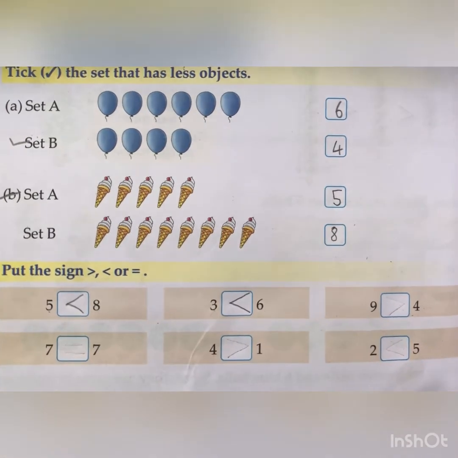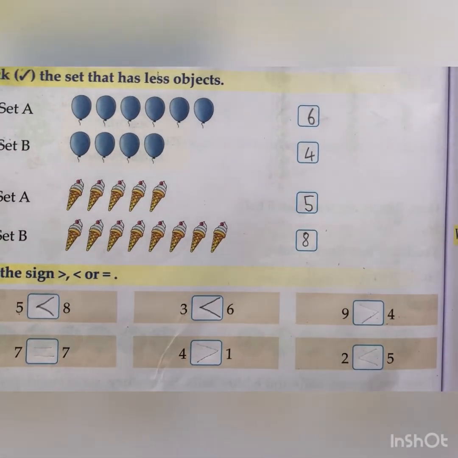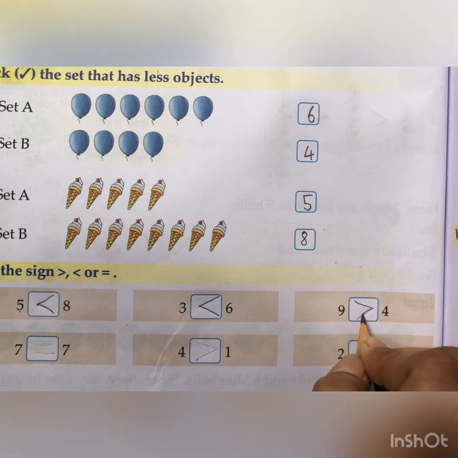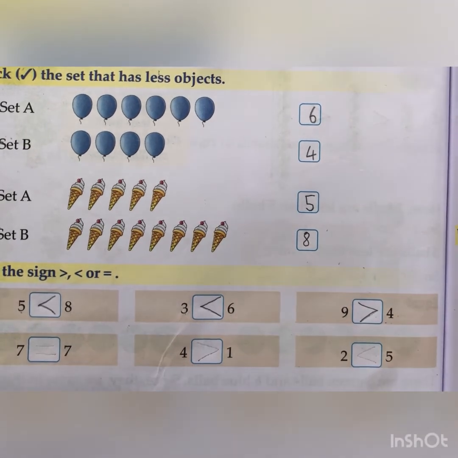Which one is the greater number, children? 9. So, keep the mouth open to eat 9 number. 9 is greater than 4.